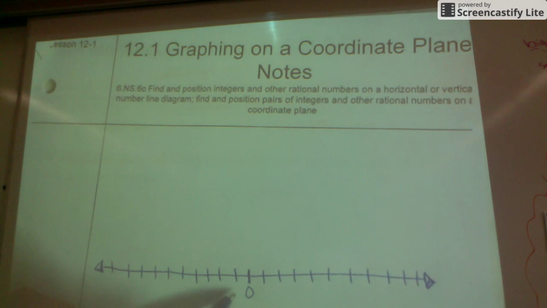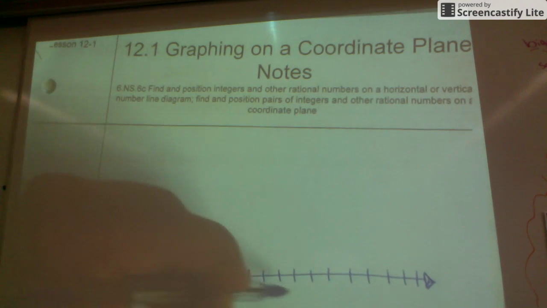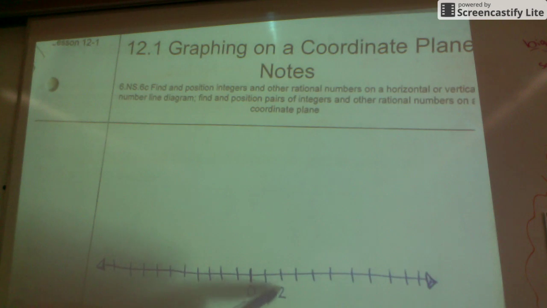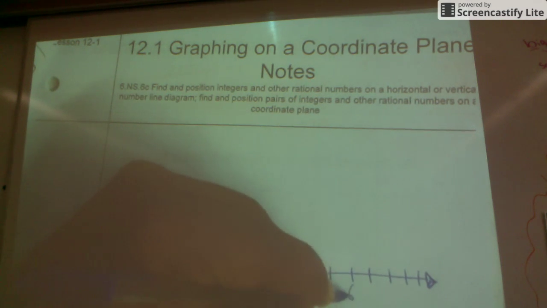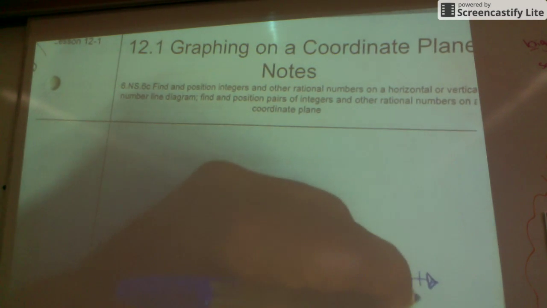So what are these numbers that are going to the left side? That's right, those are negative. So as I make my number line, I want to make sure I plot them. Because I don't want it to be jumbled up, I'm going to skip every one, and it's going to be 2. So 1, 2, 3, 4, 5, 6, 7, 8, 9, and then 10.